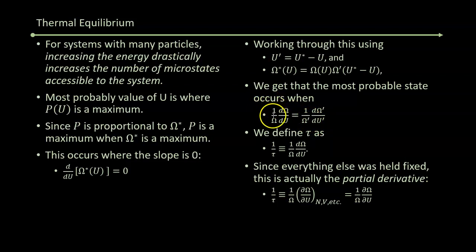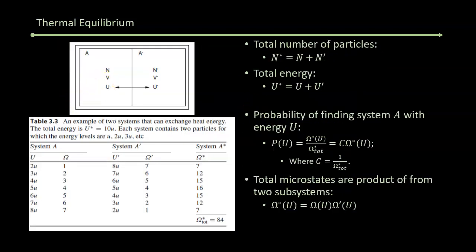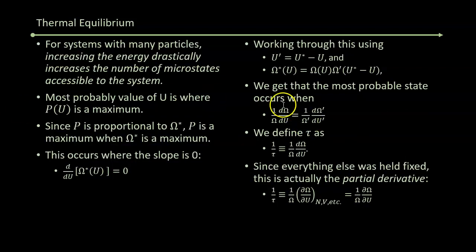So 1 over the number of microstates in part A times the derivative of that with respect to its energy is 1 over the number of microstates in the other side times the derivative of that with respect to its energy.